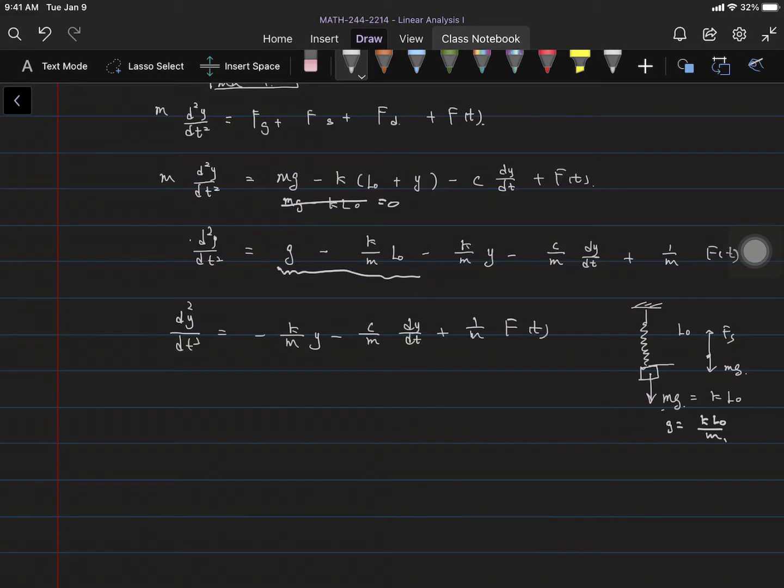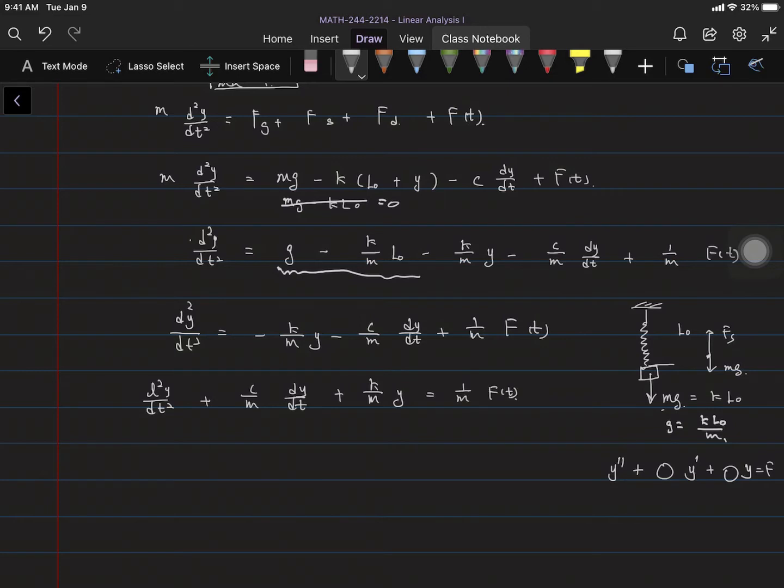And then write this with the second derivative, the first derivative, and y on the left, and F on the right. This is the standard form of the differential equation of order n. So we get the second derivative plus c over m first derivative plus k over m y, and the right side is the external force.